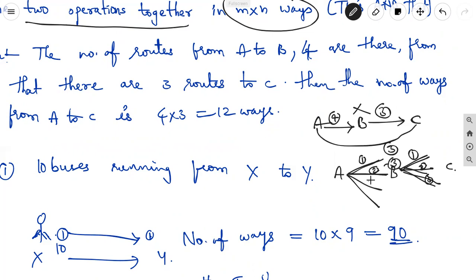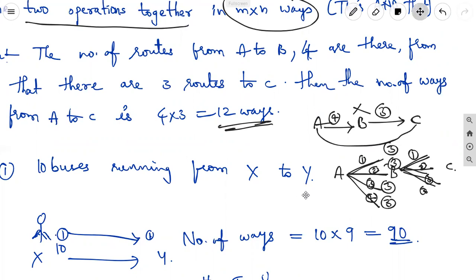From A to B, we use the third root. Again from B to C, we use the 3 roots. In the third root also, we get 3 ways. From A to B, we use the 4th root. Again from B to C, we use the 3 roots. This is also 3 ways. How many? 4 roots having 3 different roots each. So 4 threes are 12 ways, number of ways.